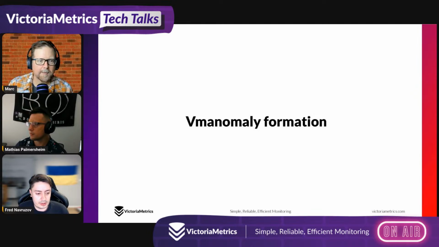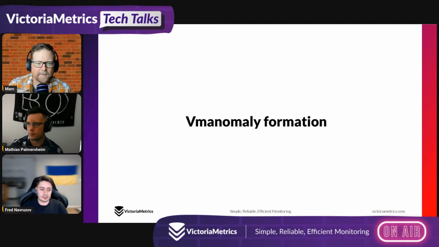Later on, I'd like to spend a couple of minutes to explain how vmanomaly was built and how it followed the build process of VictoriaMetrics as a company and as a set of observability components and instruments.